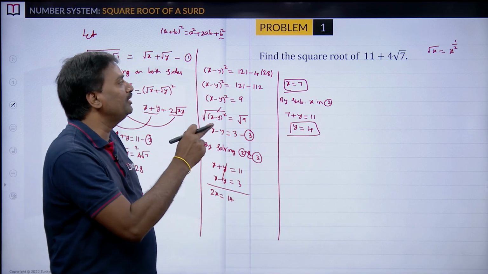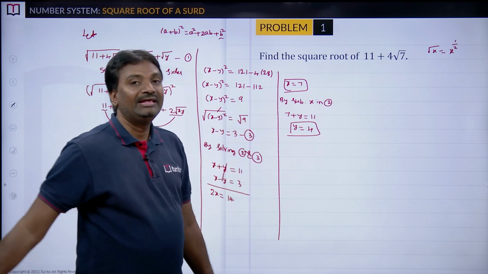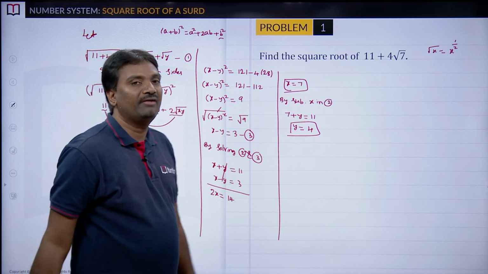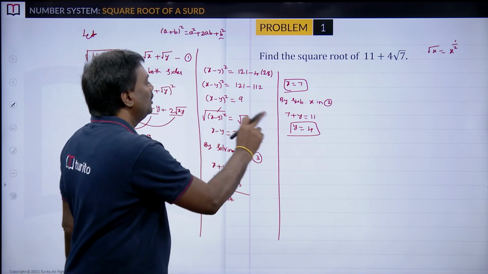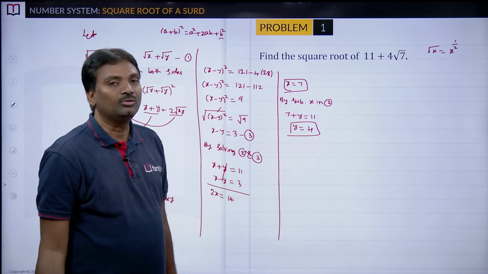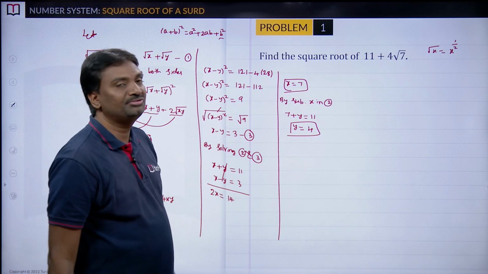Now by substituting the values of x and y in equation 1, the square root of 11 plus 4 root 7 equal to root x plus root y. Root x means root 7, root y means root 4, that is 2.